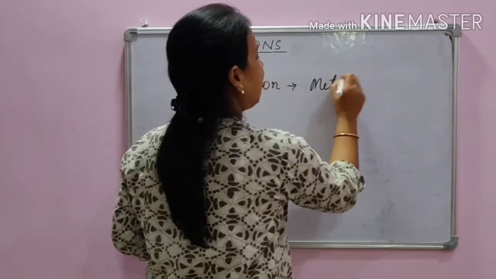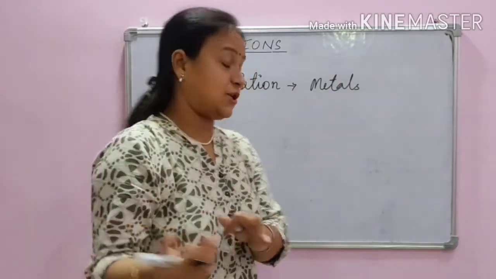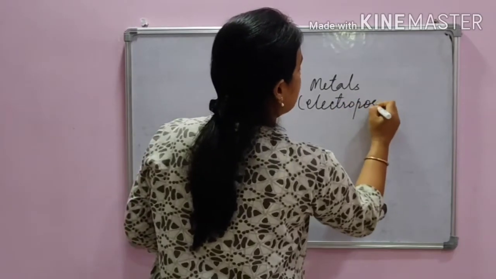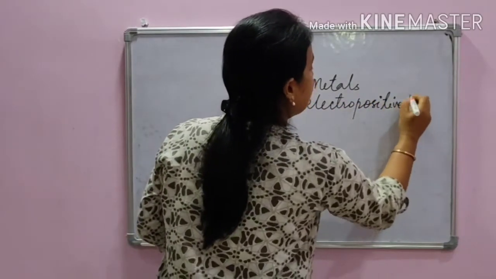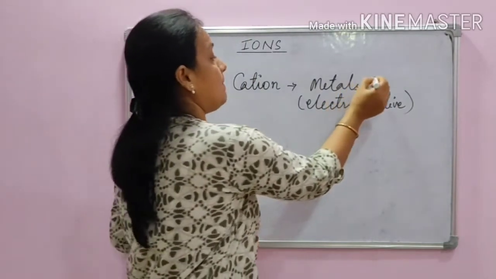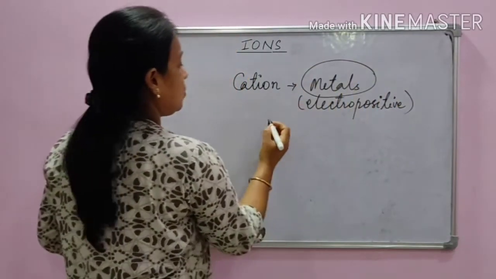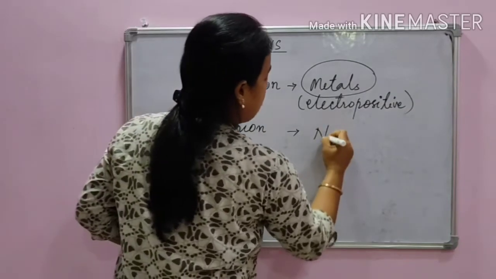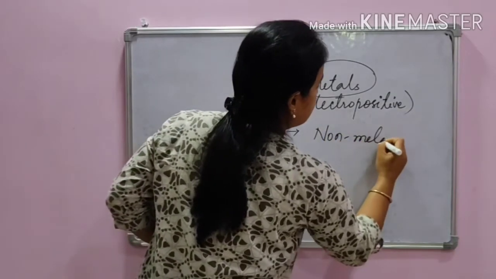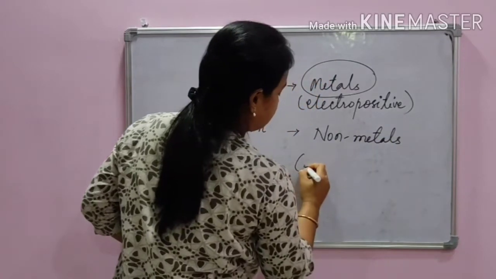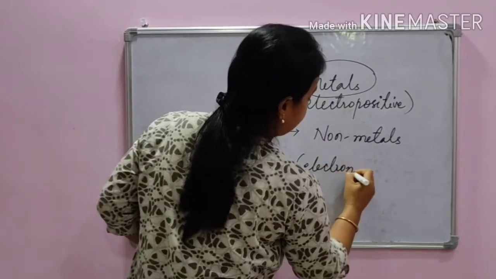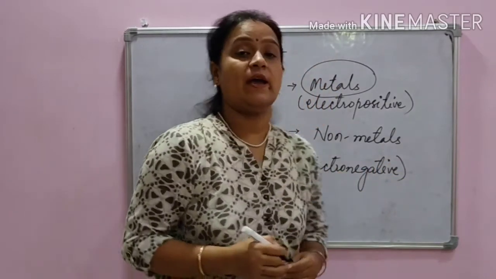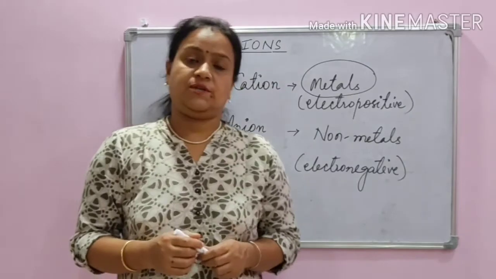Means those elements which lose electrons, that is those elements which attain a positive charge, also called electropositive, are all metals, and all which gain electrons and become anions are all non-metals. Non-metals are electronegative. So by looking at the charge on the ion, we can identify which is a metal and which is a non-metal.